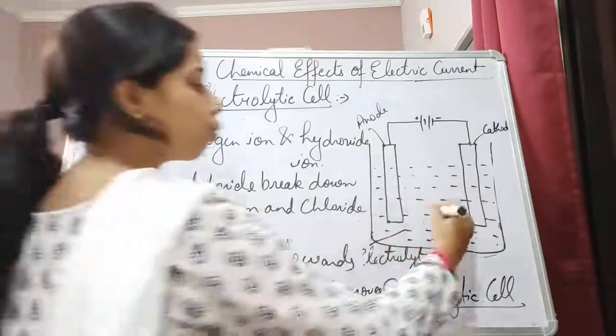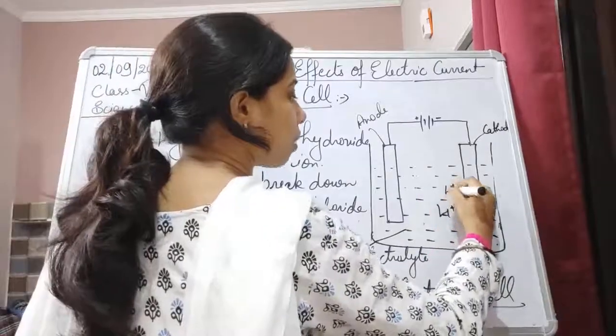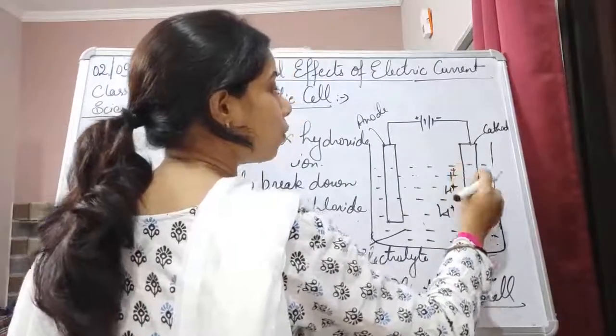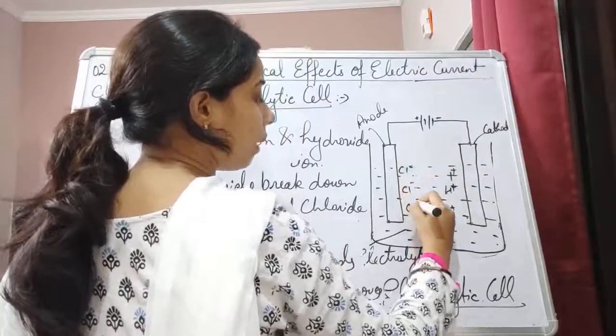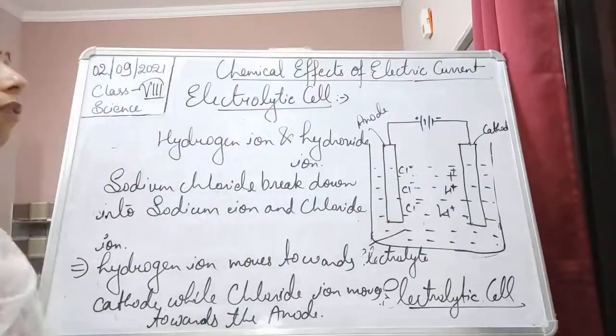A lot of hydrogen ions are there, students. These hydrogen ions start moving towards the cathode, while the chloride ions start moving towards the anode.